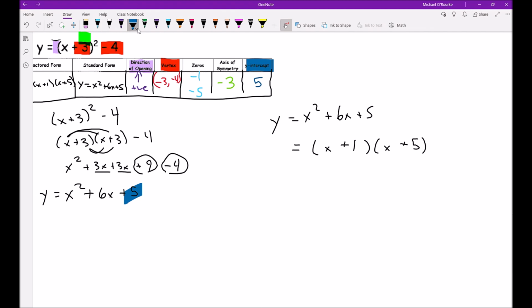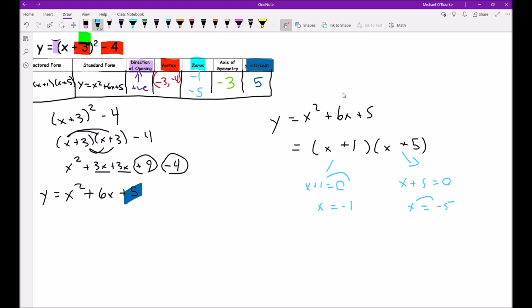I'll write that out here, just so we get it. x plus 1 equals 0, move it over, x equals -1, and x plus 5 equals 0, move it over, -5.